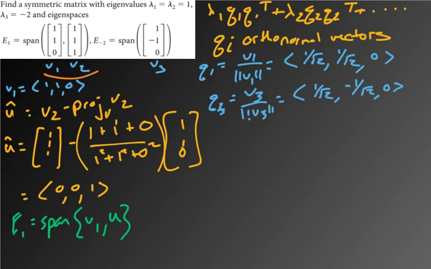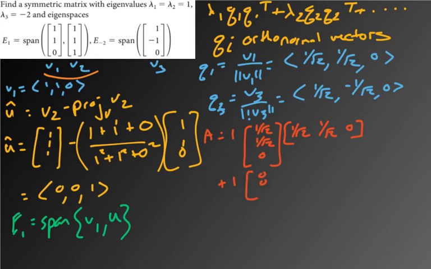So A, the matrix I'm looking for, is going to be equal to lambda 1, which is 1, times Q1, which is 1 over root 2, 1 over root 2, 0, times Q1 transpose, so 1 over root 2, 1 over root 2, 0. And then plus 1 times 0, 0, 1, my U vector, times U transpose, 0, 0, 1.